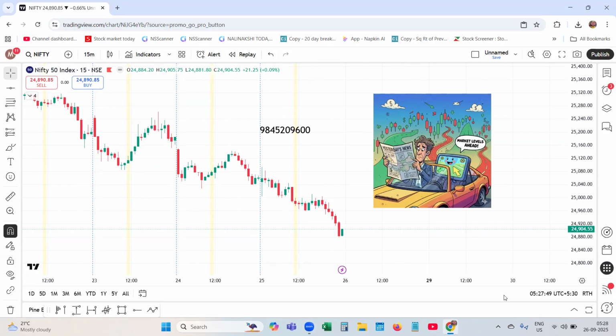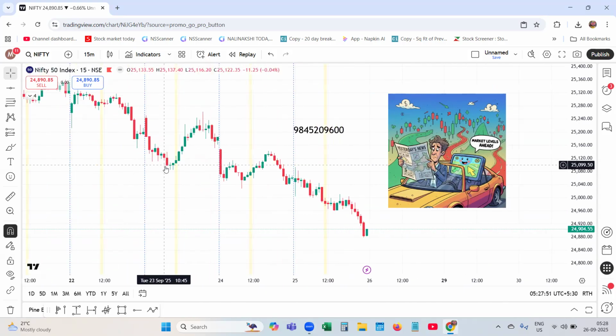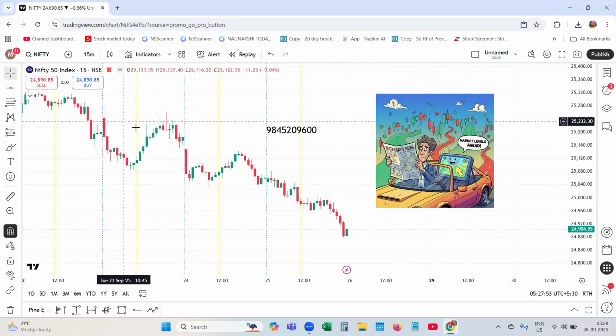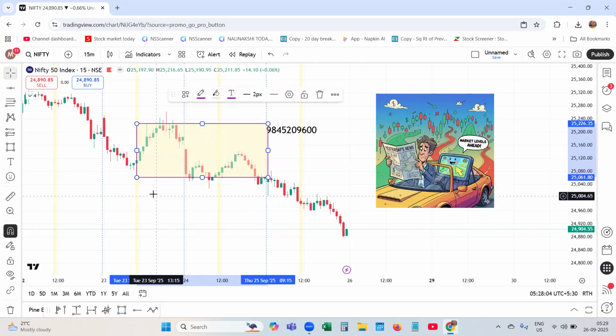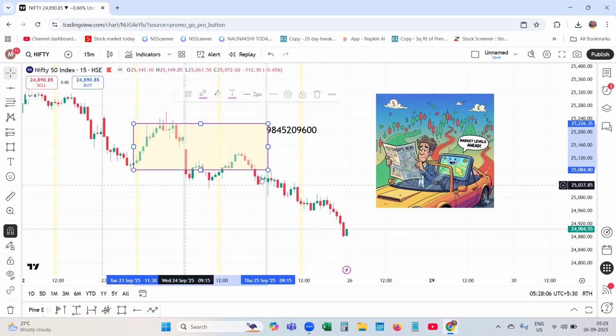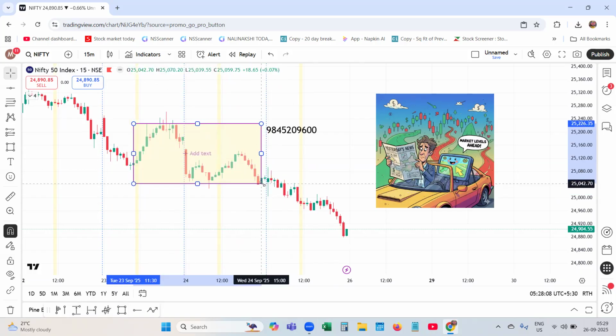You are seeing what the market is doing. This is the 24th, the 24th price action.